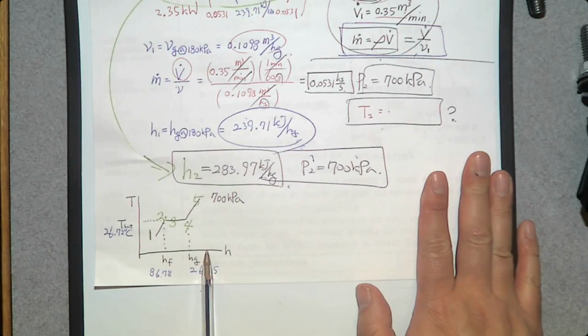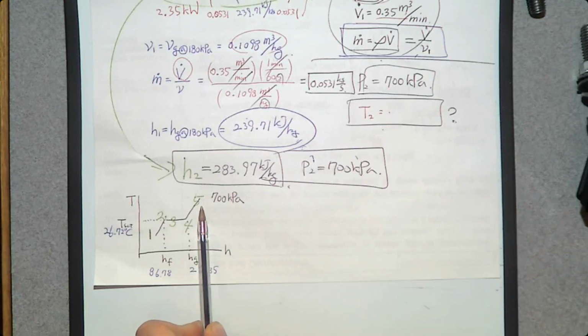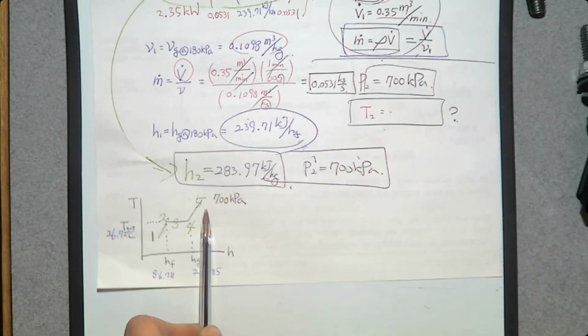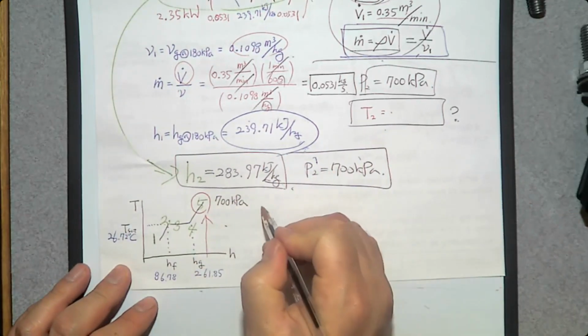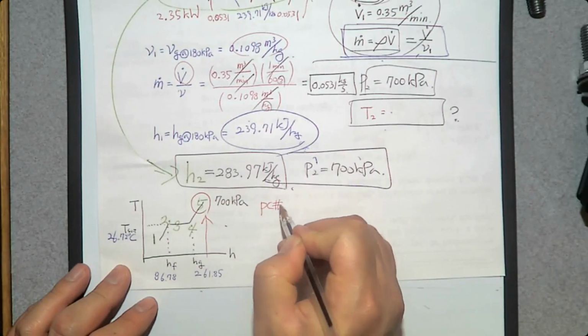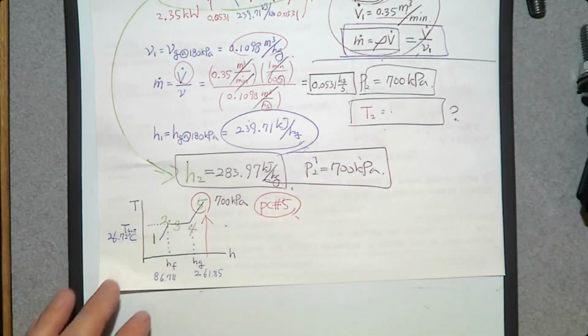So 283 should be on the right-hand side here. So what is the phase change process? Number 5, superheated vapor. So when you know it is phase change process number 5, then you go to the superheated vapor table.